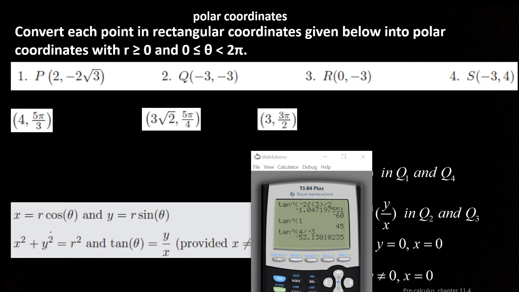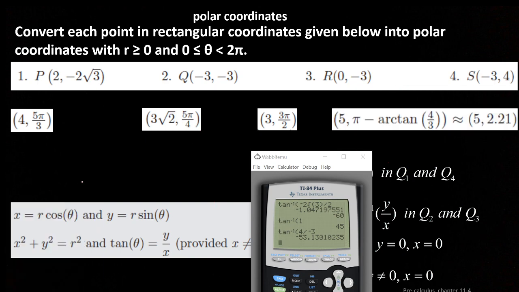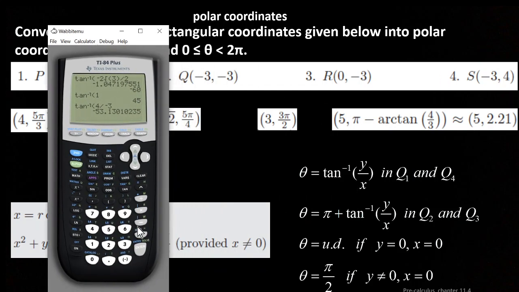It's not something we can write in nice form, but that's not the angle that we want, of course. That angle is the angle the calculator gives us. We are going to have to add pi to it. I mean, instead of pi, we have to add 180, because that's in degrees.